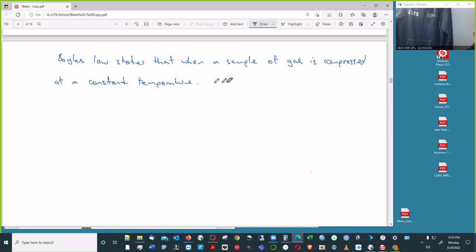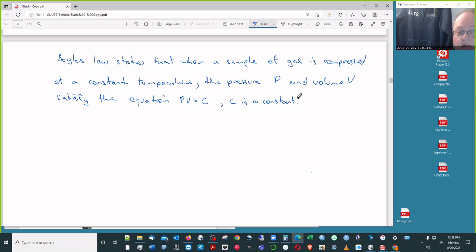Yeah, I don't like you going through the subject without a text though. So P and V as a product are constant. So if P goes up, V will go down. All of those kinds of things.